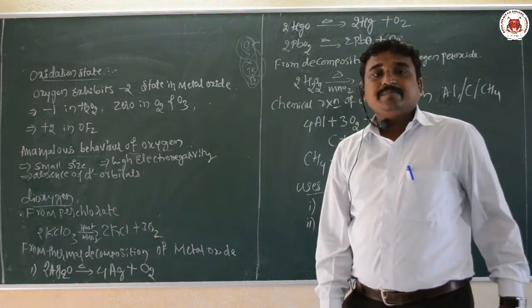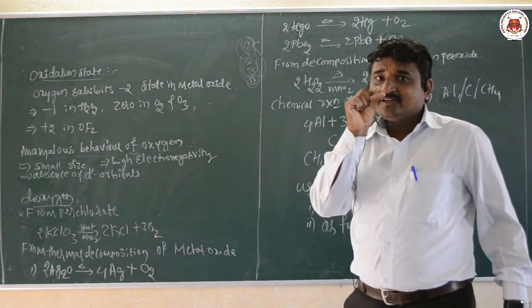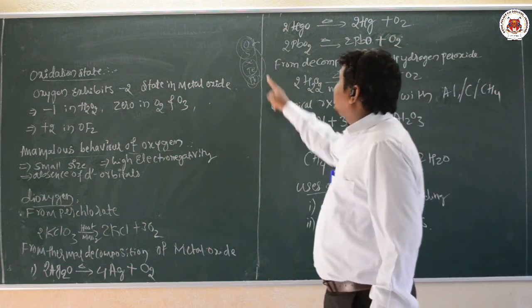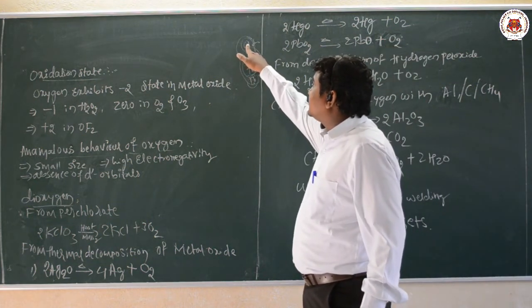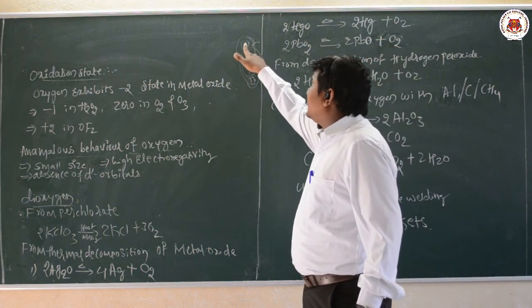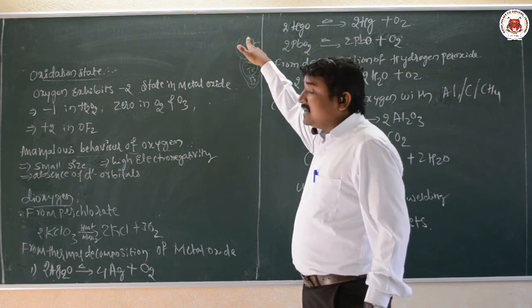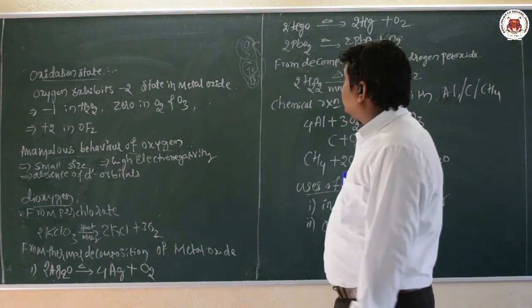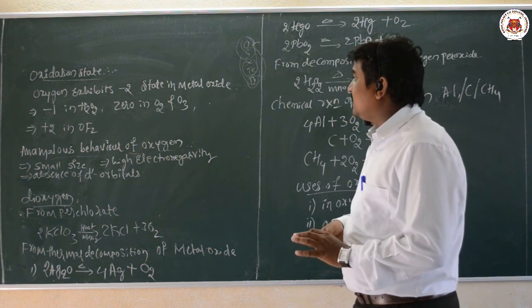Generally along the period, as the size of the atom decreases, the electronegativity increases. Same here, oxygen has a smaller size and high electronegativity, and it also has high ionization enthalpy.